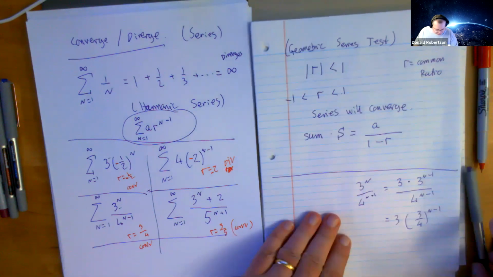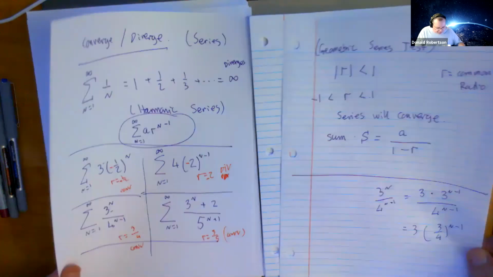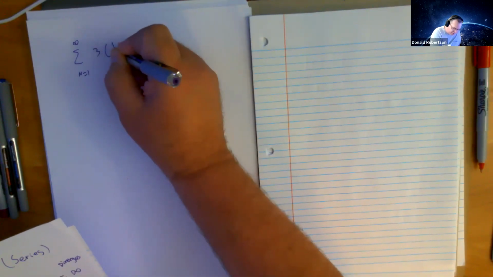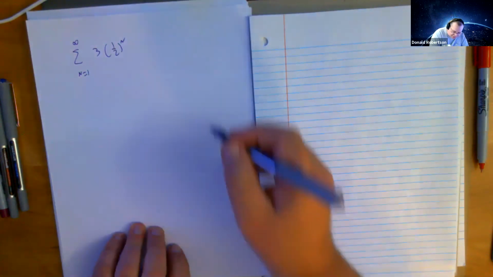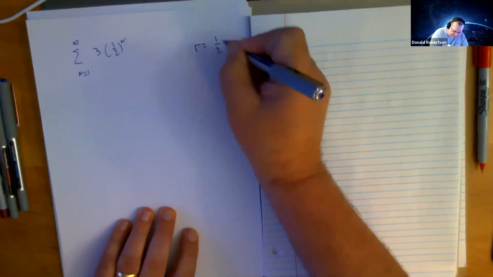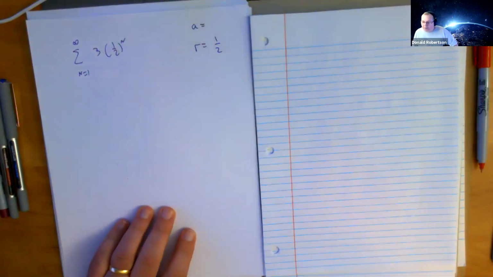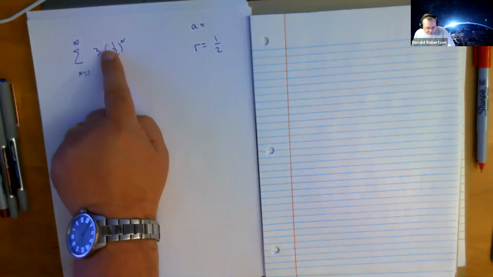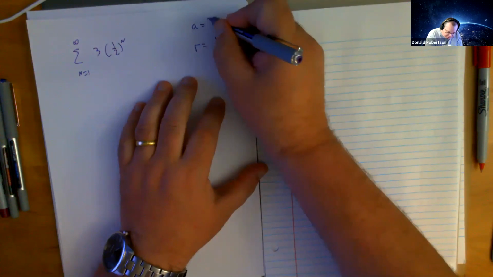So let's separate out two of these questions and look at what does it converge to. One of the versions I had was this. Now we know it converges, and the R value is a half. Now A is the first term. If you plug 1 in here, you get 3 times a half to the 1. 3 times a half is 3 halves. Are you happy about where I got the 3 halves from?